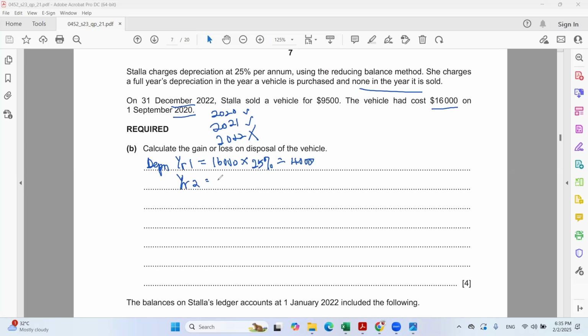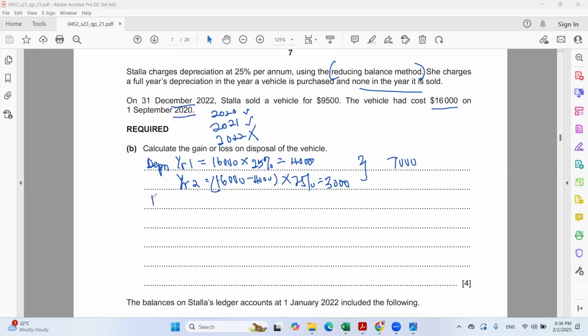For the second year, it is 16,000 minus the 4,000, because this is the reducing balance method, so I have to deduct the accumulated depreciation and multiply by 25%. So we have 12,000 times 25%, which gives second year depreciation of 3,000. These two add up to 7,000 accumulated depreciation.